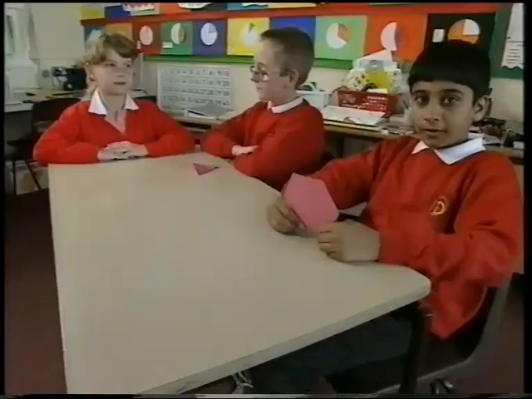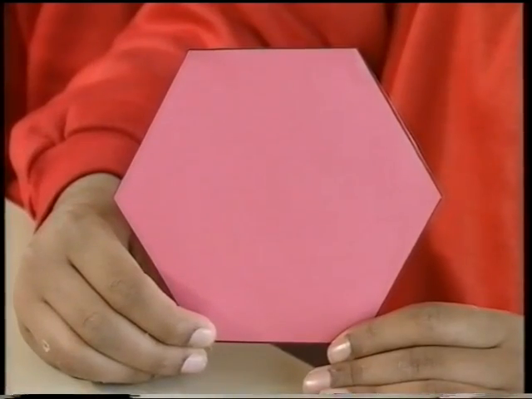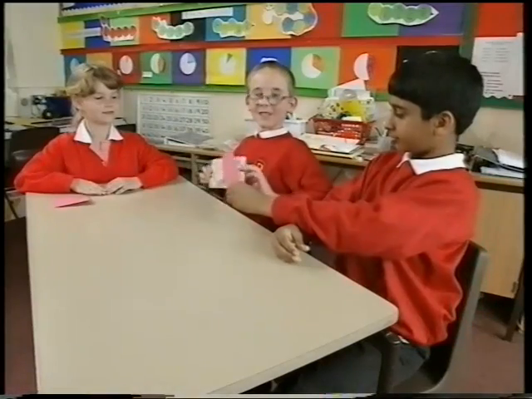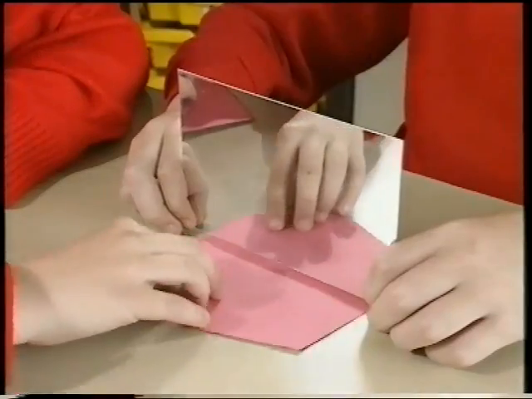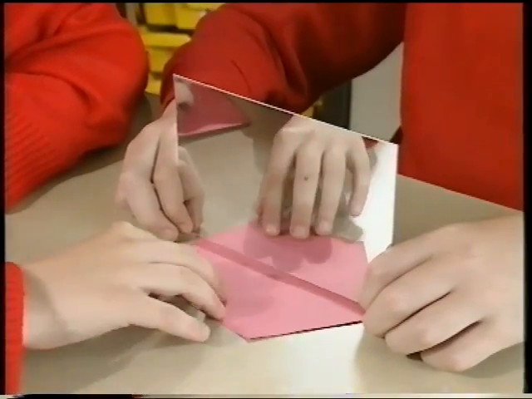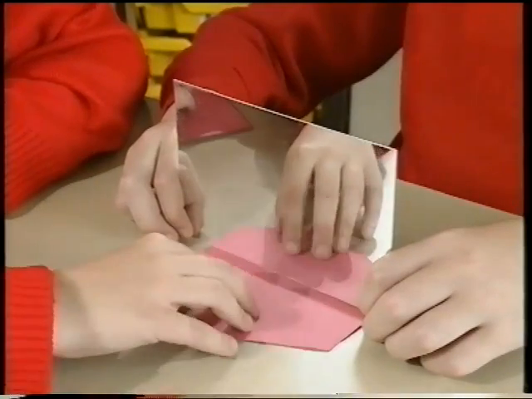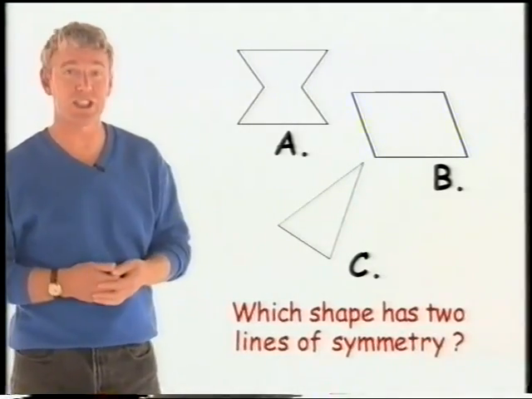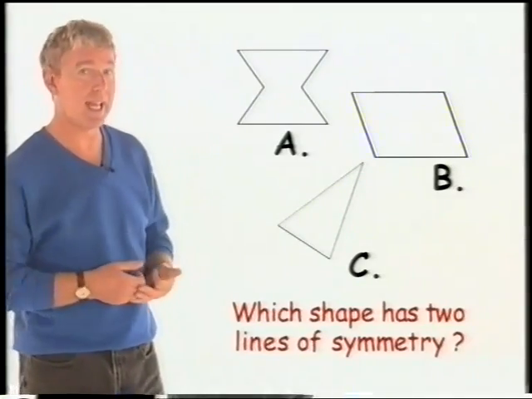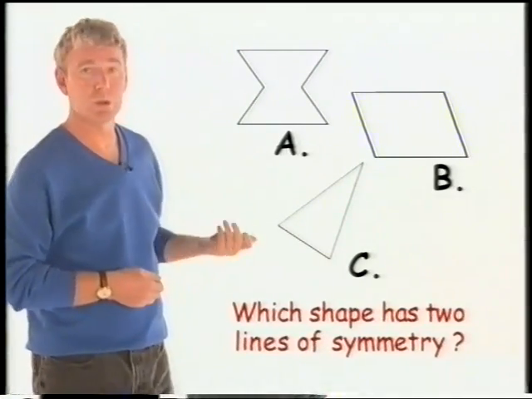Some shapes have more than one line of symmetry, like this. You can check a line of symmetry by using a mirror. So does that help you decide which of these shapes has 2 lines of symmetry? A, B, or C?